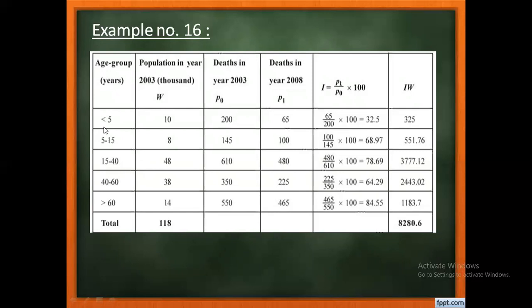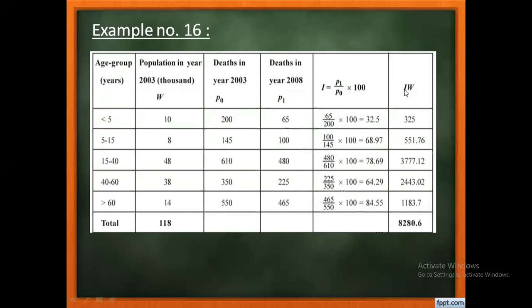So for the less than 5-year age group, 65 divided by 200 into 100, 32.5. For 5 to 15, it is 100 divided by 145 into 100. And this is how you can calculate the index number. Now let's multiply this index number with weight.